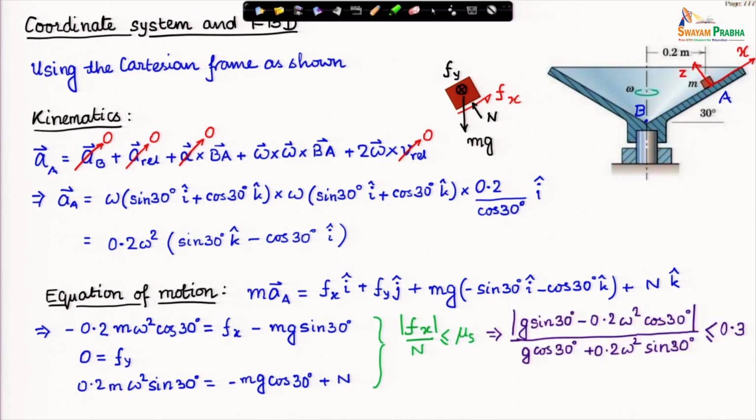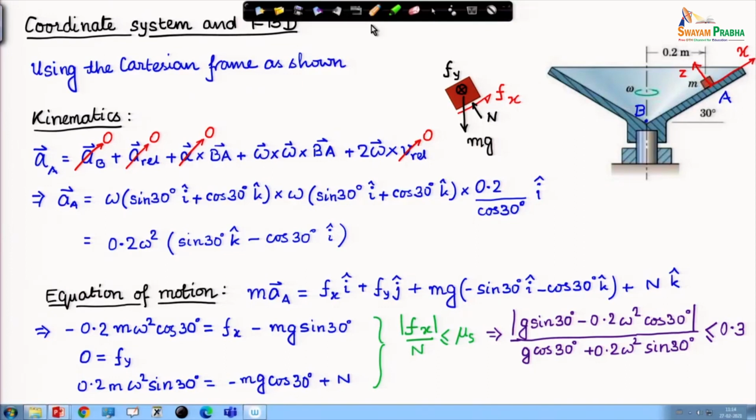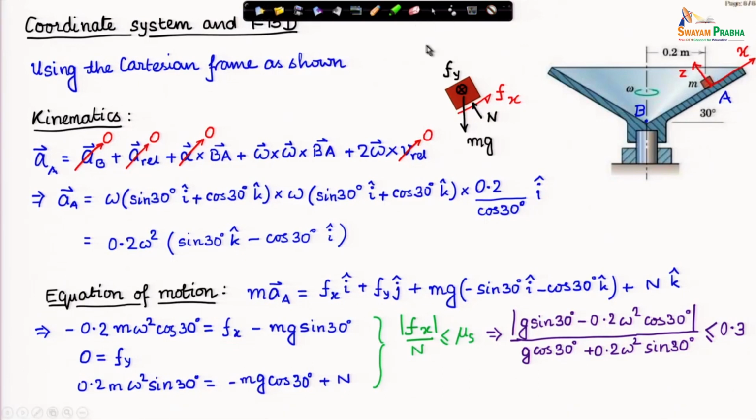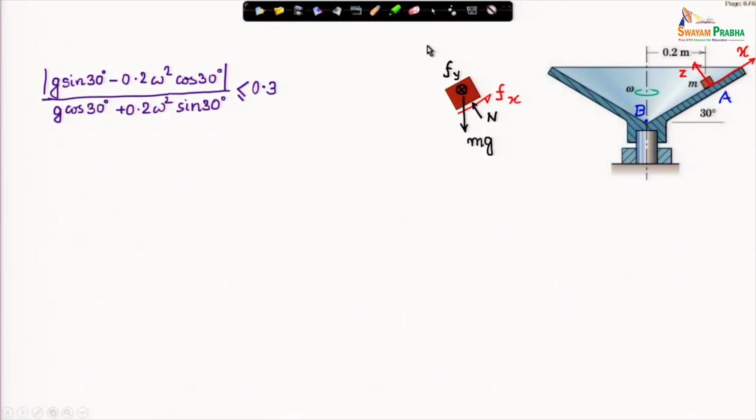I have just solved these terms. For example, Fx I have solved from the first equation, N I have solved from the second equation, the k cap equation, and I have taken this ratio. Only thing I have to take is this magnitude of Fx, and that should be less than 0.3, which is the coefficient of static friction. This is our condition of no slip.